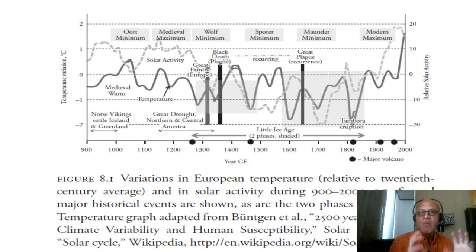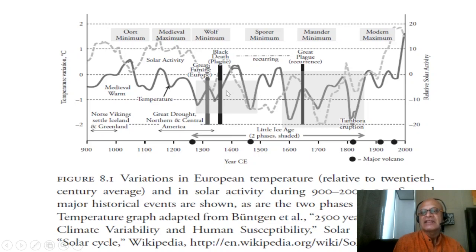So when you have more sunspots, the radiation output from the sun increases. You can see that whenever you have these minima in sunspots, if you look at the relative solar activity here, you get less radiation. During sunspot maxima, you get more radiation.